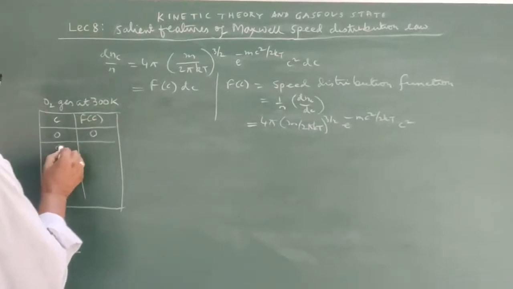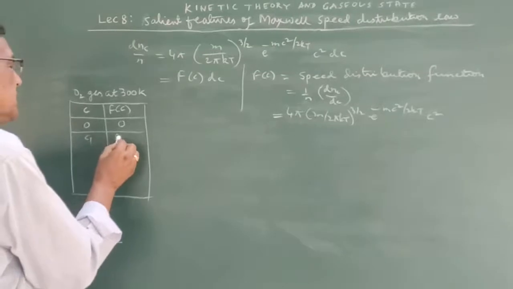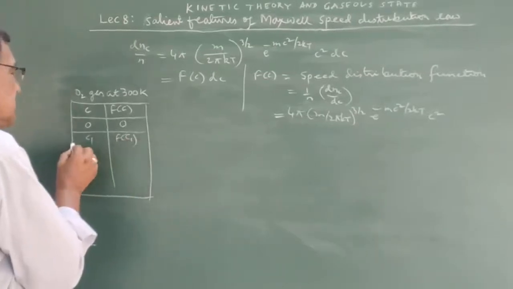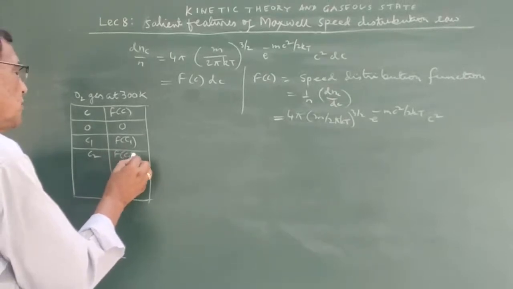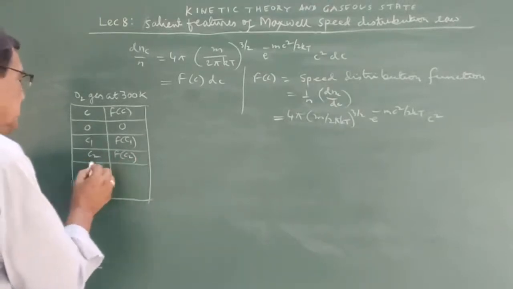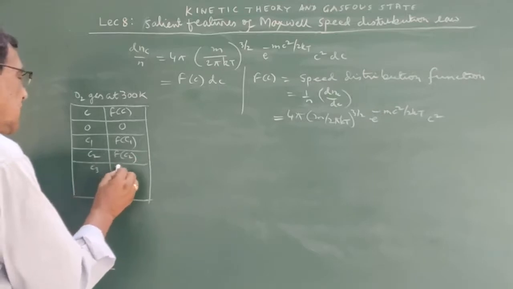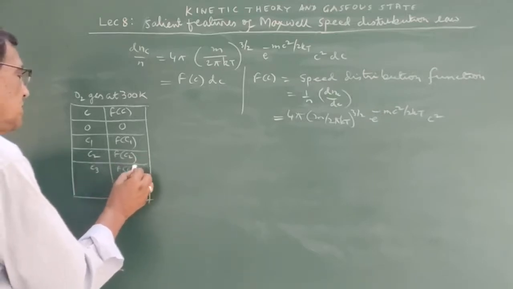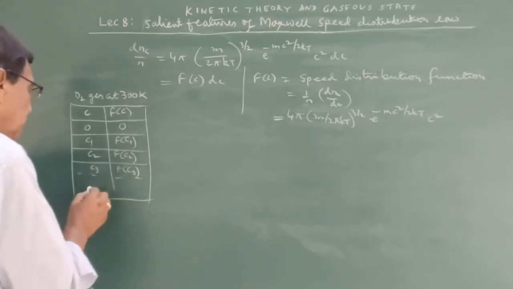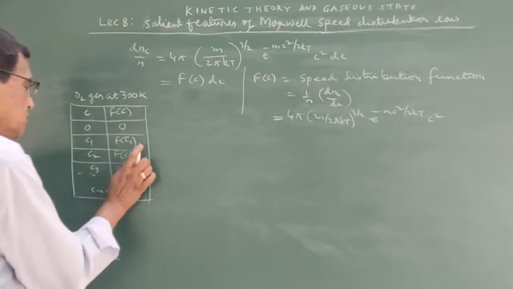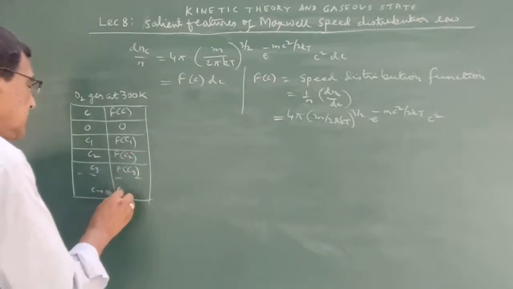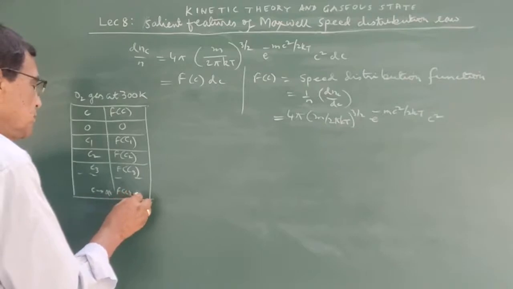When C equals C1, it is Fc1; C equals C2, it is Fc2; C equals C3, it is Fc3, and so on. When C tends to infinity, a very high value, Fc tends to 0.